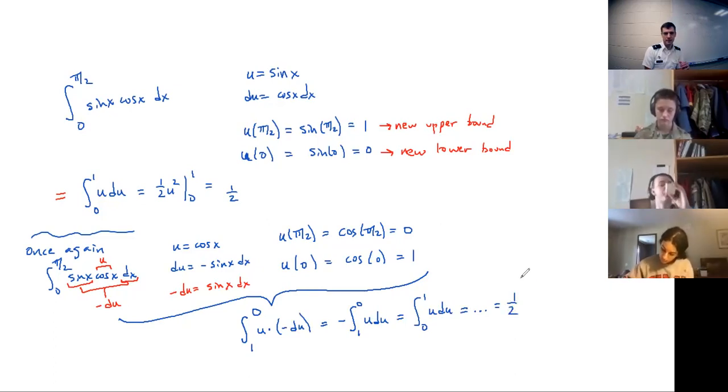I get 1/2. That's not the example I wanted to start with, but I don't mind making that the number 2 example, right? Just that substitution. So again, that was not the wrong way of doing it. It was just a matter of, I wanted to avoid the minus sign the first time around. Questions from anybody?